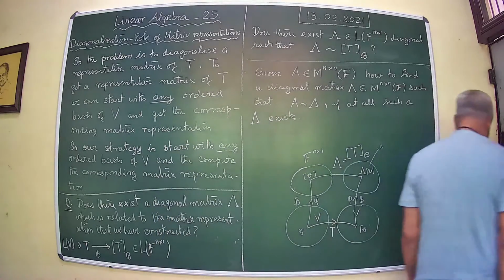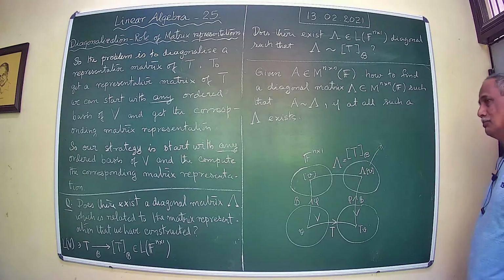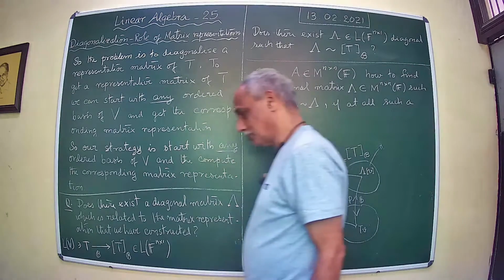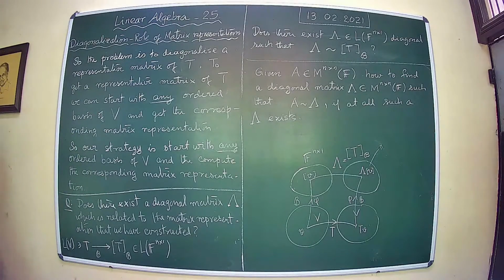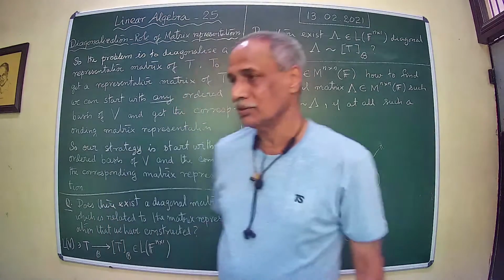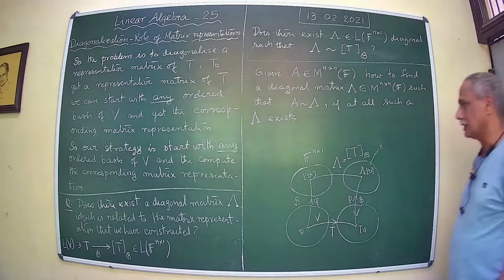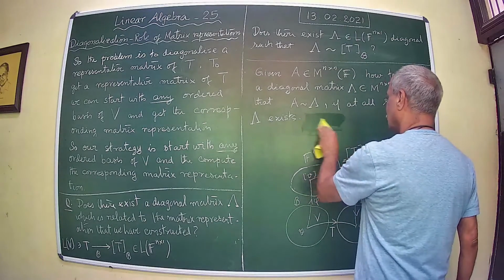One more question now. Does there exist, given A, does there exist a diagonal form of this, or a diagonal lambda which is what is called related to the given matrix? Okay. Now here we make use of one fact.